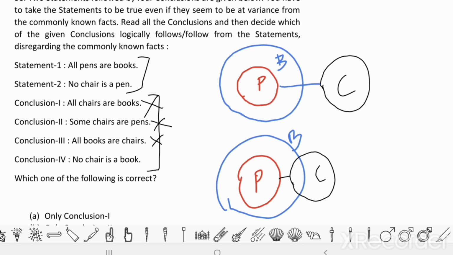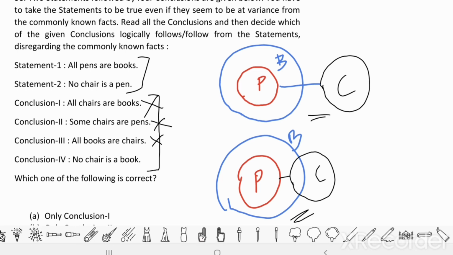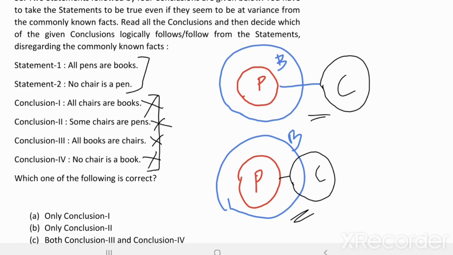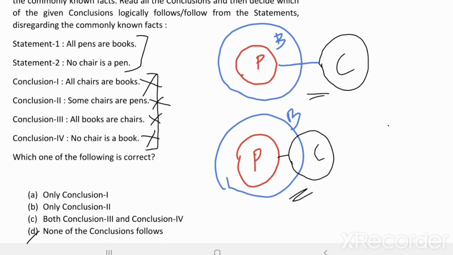No chair is a book. From the first figure, no chair is a book. In the second figure, some chair is a book. So, no chair is a book, only a possibility. Therefore, conclusion 4 also not correct. So, we can say none of the conclusions follows the given statement. Option D is the right answer.